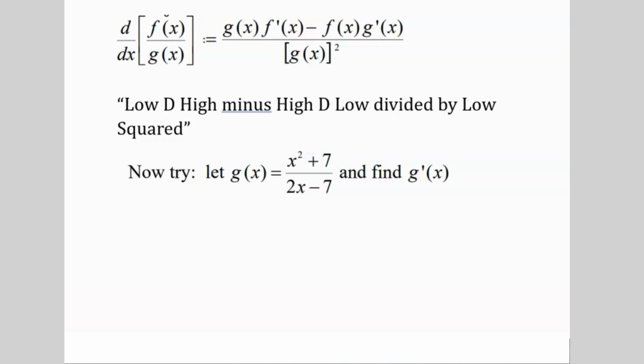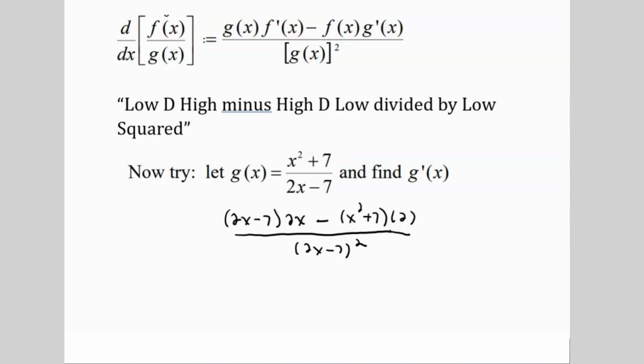In our next example, let g of x equal x squared plus 7 divided by 2x minus 7, and let's find g prime of x. Same thing, we're going to go low d high. So low is 2x minus 7 times d high, which would be 2x, minus high, which is x squared plus 7 times d low, which is 2, divided by my low squared, so 2x minus 7 squared.